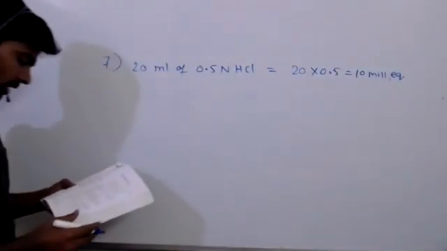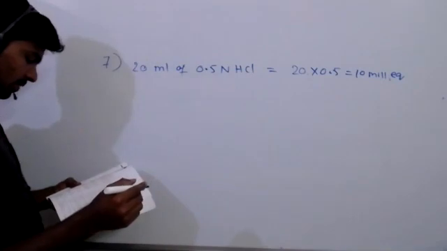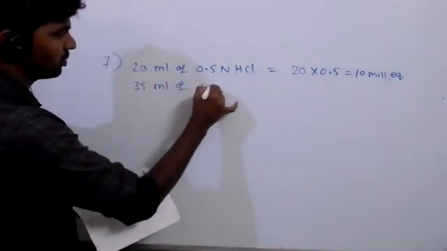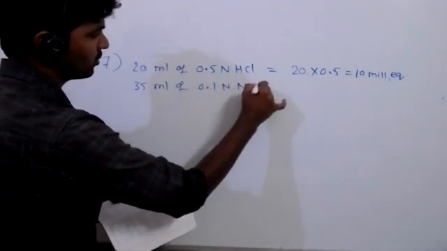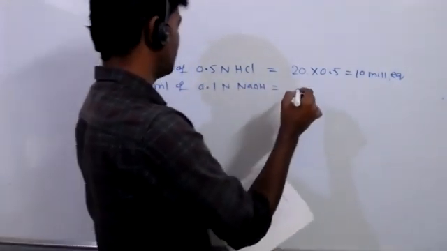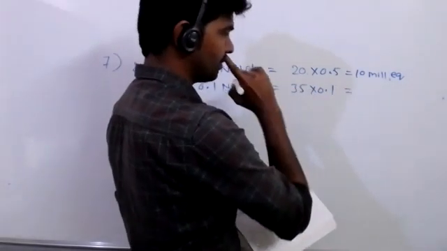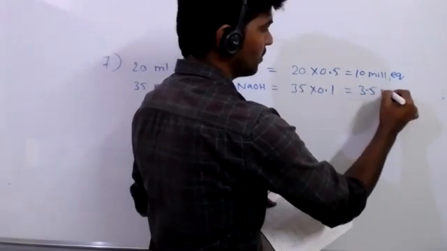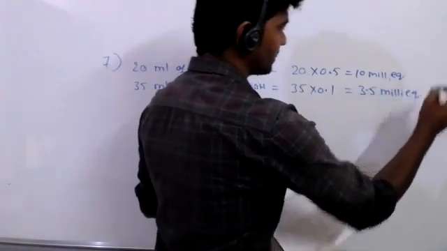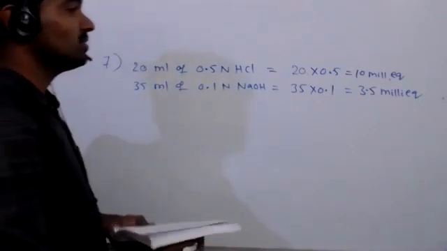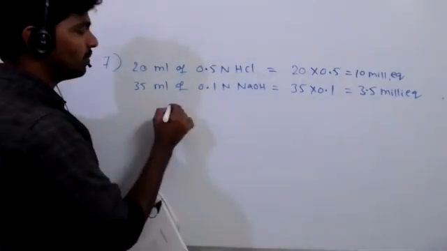And NaOH is 35 ml of 0.1 N. Multiply 35 into 0.1 N, that is 3.5 milli equivalents. So HCl is 10, and NaOH is only 3.5.